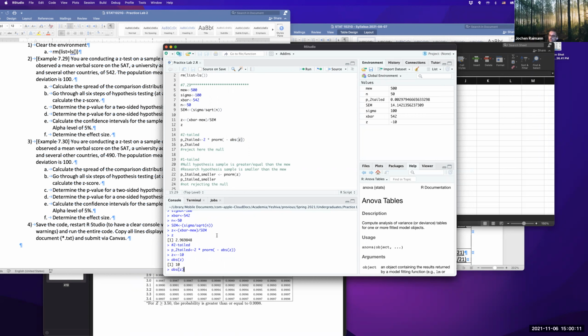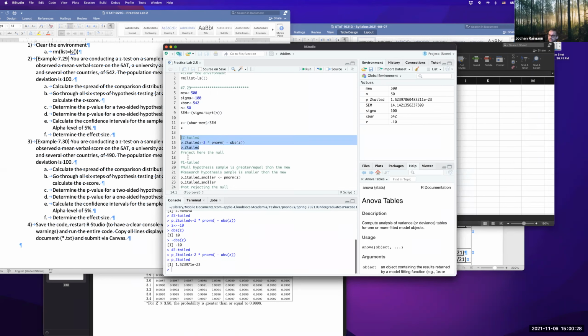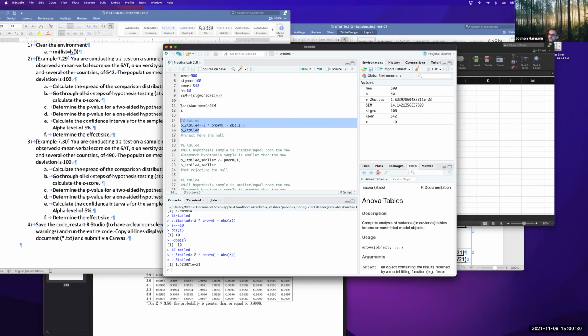And if you always want a negative, you just need to do minus abs set. So it first sets it positive, because the absolute value of something is always positive, and then you make it negative. This is how you will always get this. Okay, that's how you will basically get your two-tailed test.